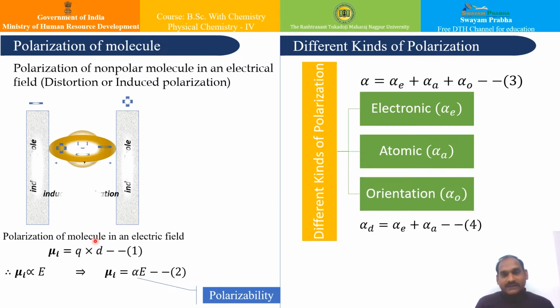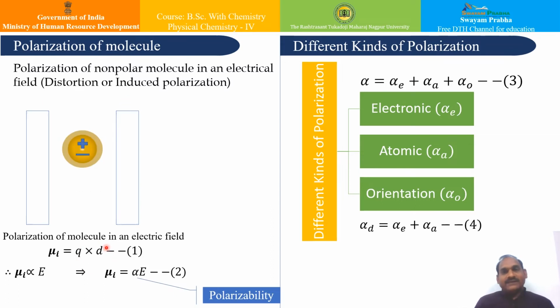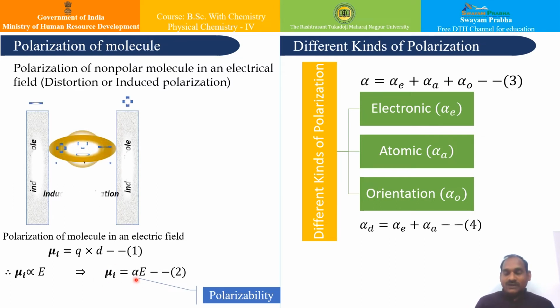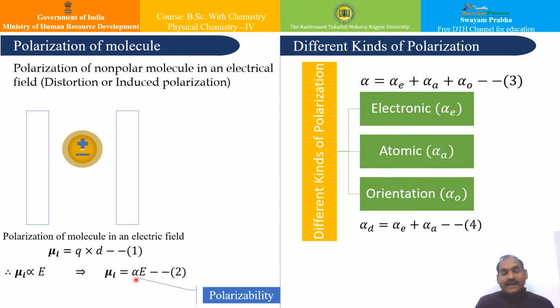Evidently the value of mu I depends upon the nature of the molecule and the strength of the applied electric field. If I apply an electric field E, then mu I is equal to alpha into E.